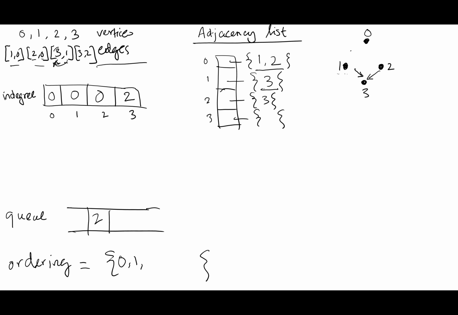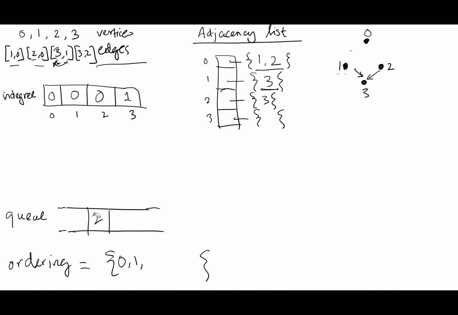The neighbor of 1 is 3, so I go there, reduce the in-degree by 1, and the new in-degree becomes 1. Although I reduce the in-degree of 3 to 1, I don't put 3 in the queue, because I'm not free to take course 3 since it still has some dependency.